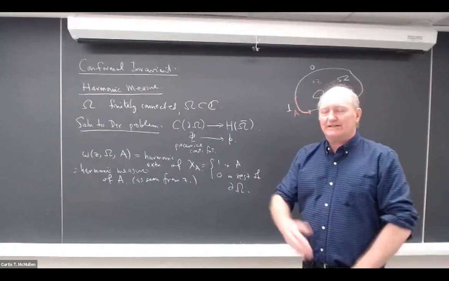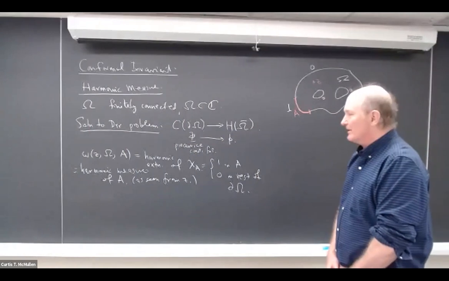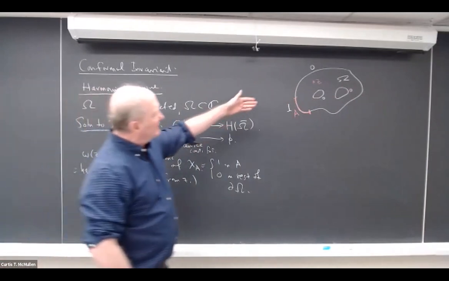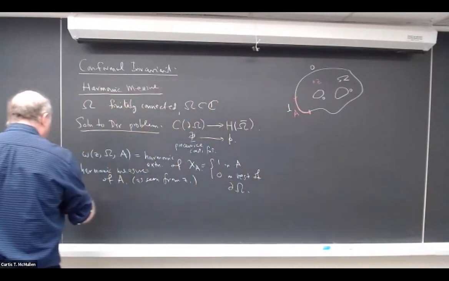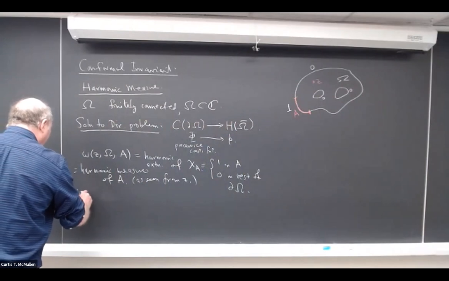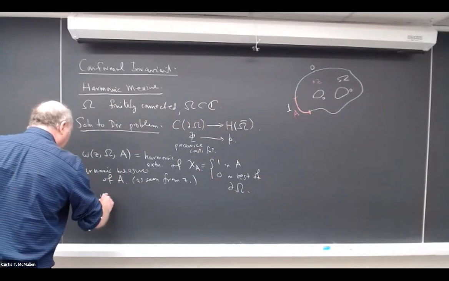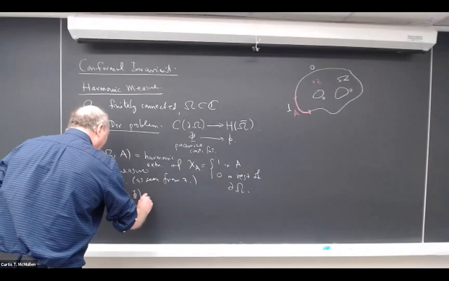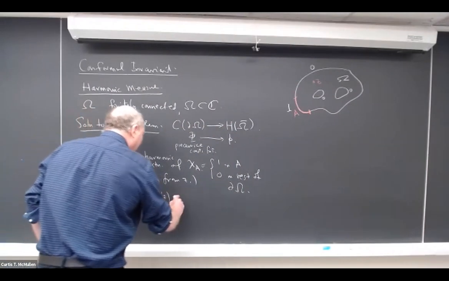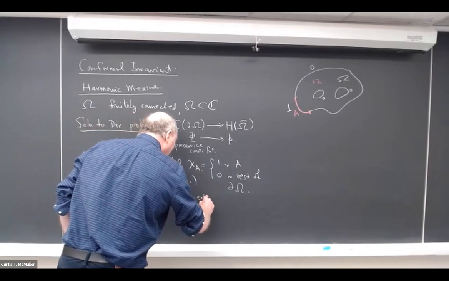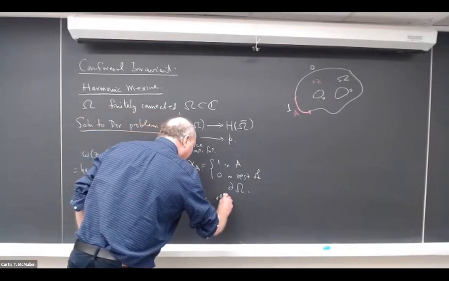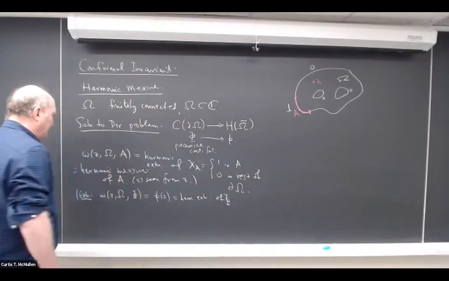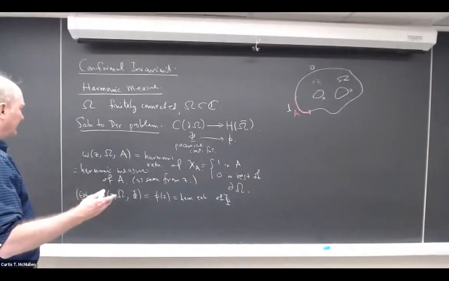Now, there's two ways you could extend this definition, which would be very natural. One is you could replace A by just a function on the boundary. And so we could also set, this is an extension or a variant, we could also write omega of Z, omega, and then just capital phi, and let this be the harmonic extension of the boundary values capital Phi, evaluated at Z. This notation is not in common usage because it clashes with our psychological idea that we're measuring the sizes of sets.